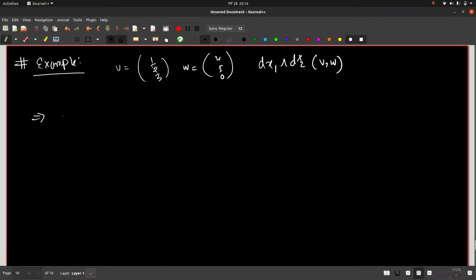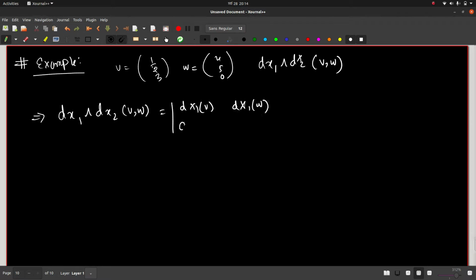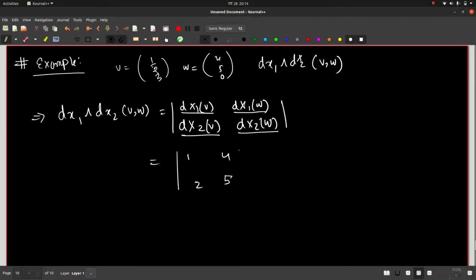If we recall the discussion we just had a few minutes ago, this is just dx1 v, dx1 w, dx2 v, and dx2 w. And this is just what? This is just 1. This is 4. This is 2. And this is just 5. So this is just 5 minus 8, which is equal to minus 3. Okay?